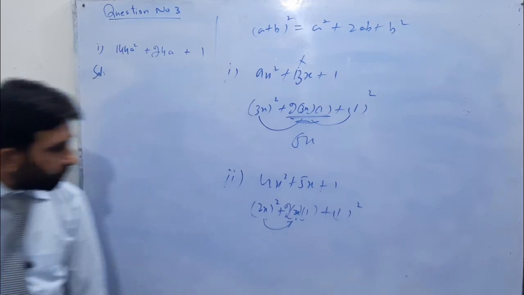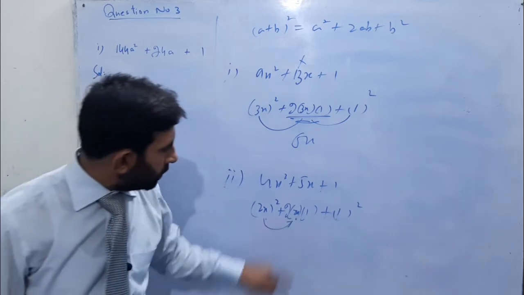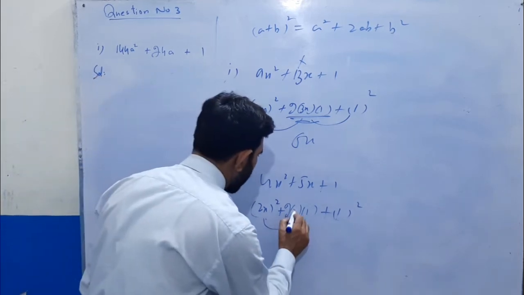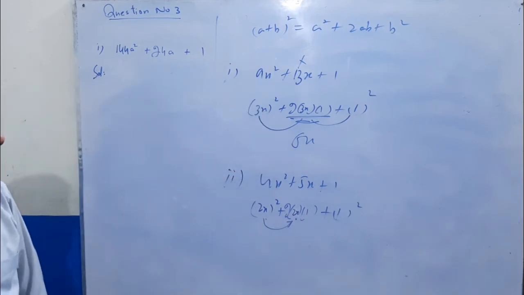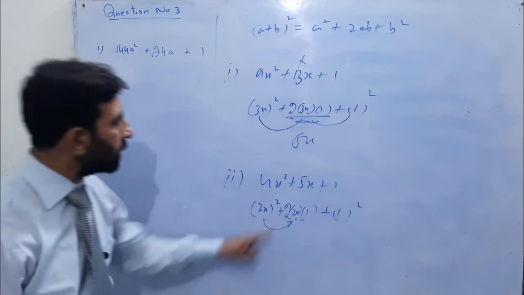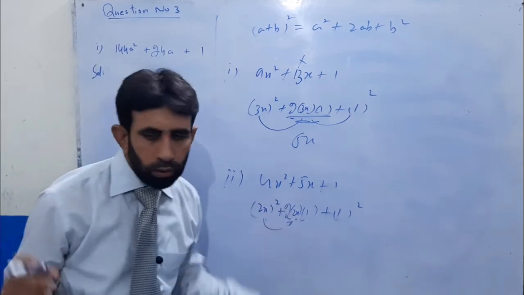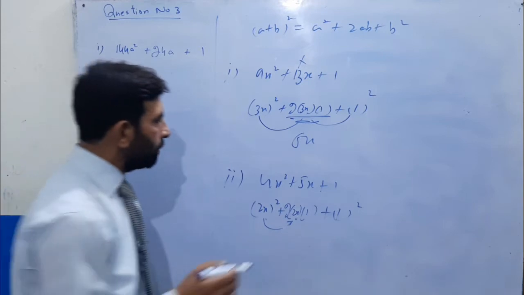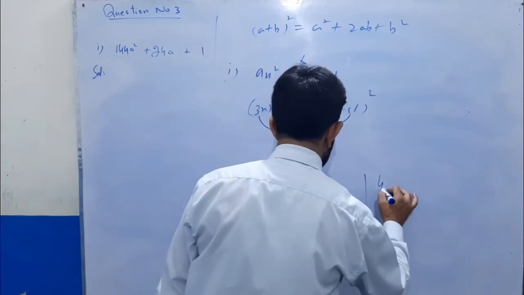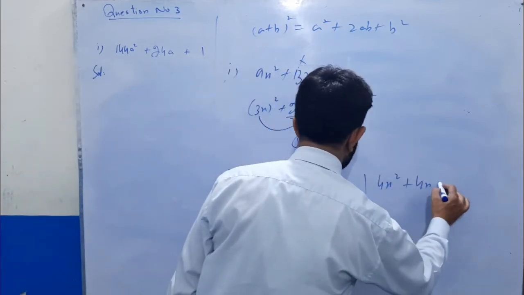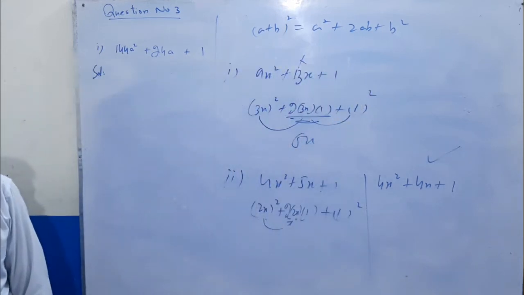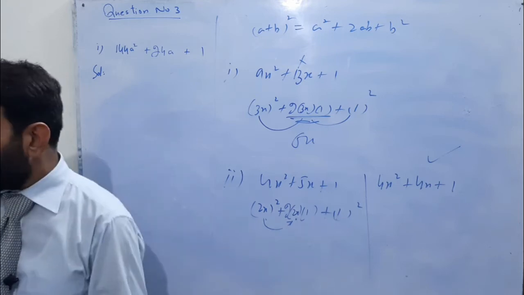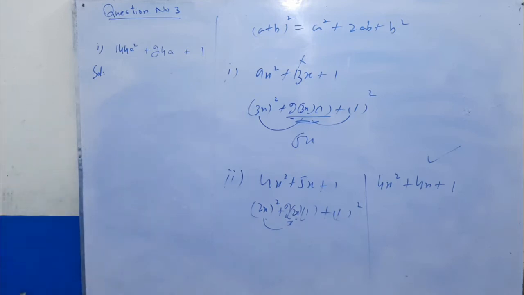Now multiply 2 times 2x times 1, it becomes 4x. So the first identity cannot be used because the middle term is not being made by multiplying 2 into first into second. But instead of this, if the question is like this, 4x square plus 4x plus 1, then the first identity can be used. So if two conditions are fulfilled, then you can apply the first identity.